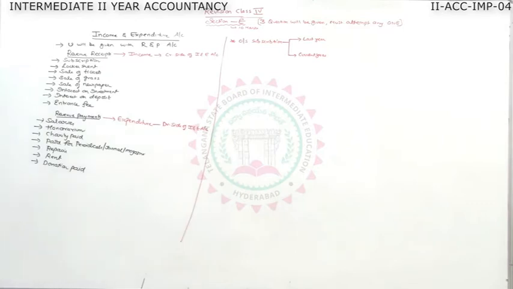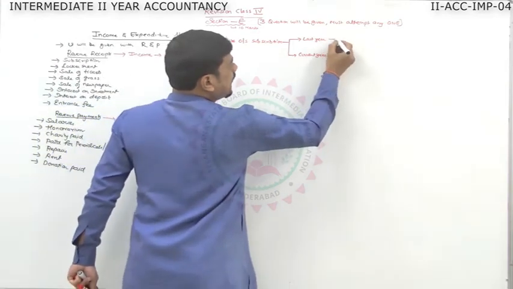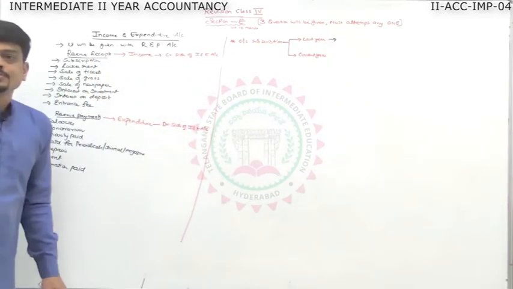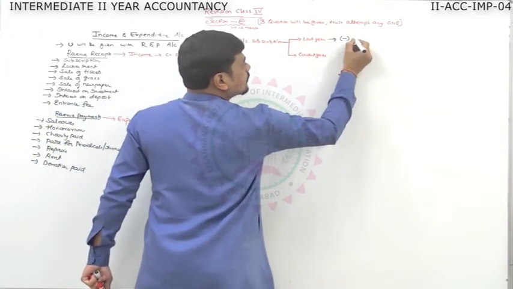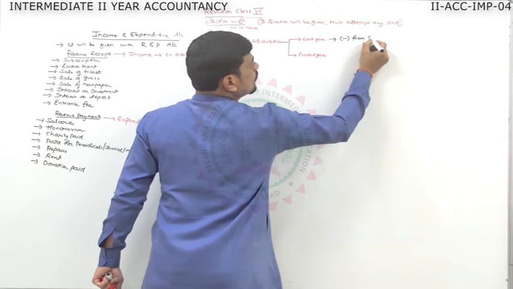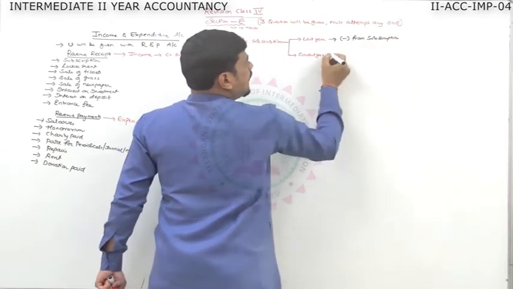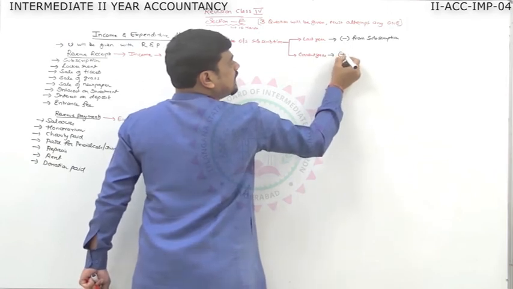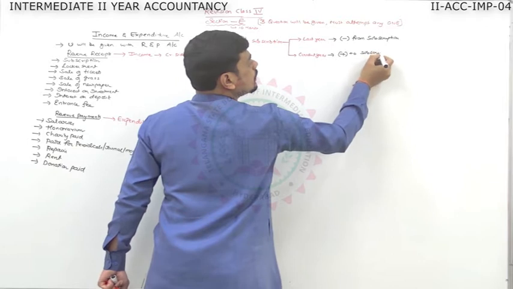If he says outstanding subscription of last year, what are we going to do? Then the outstanding subscription of last year, you will subtract from subscription. And if he says current year, you will add to subscription.